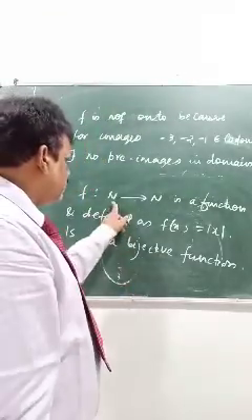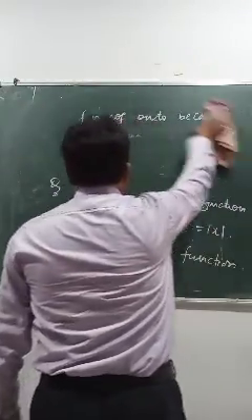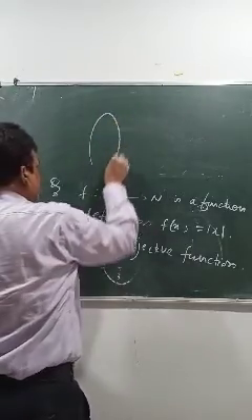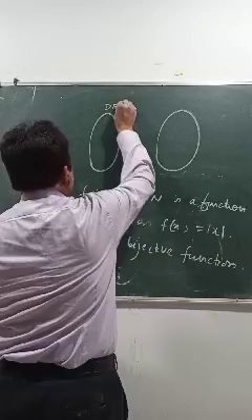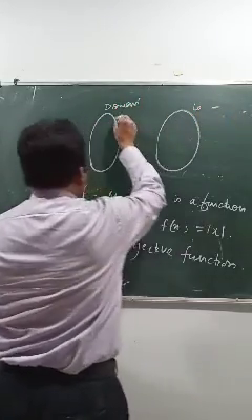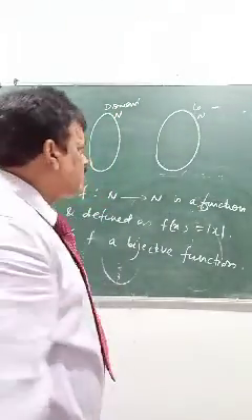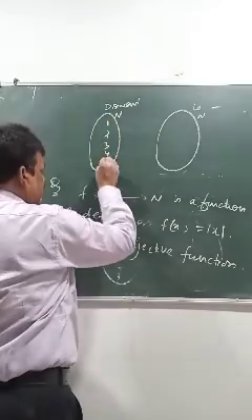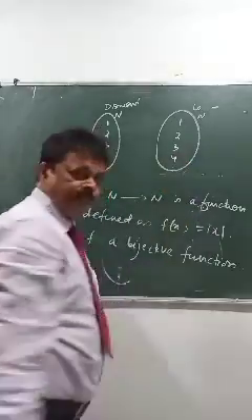So look here, natural number to natural number, very easily you can understand. Suppose this is our domain and this is the codomain. This is the natural numbers, starting from 1, 2, 3, 4 like this. Here also 1, 2, 3, 4 like this.